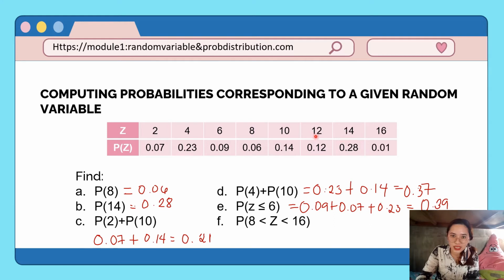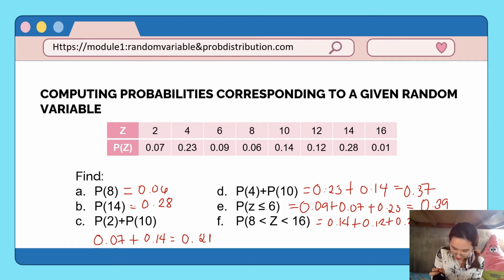Ipag-add-add lang po natin lahat ng kanilang probabilities. That is 0.14 para kay 10, plus 0.12 para kay 12, at 0.28 naman para kay 14. So, pag pinag-add-add natin yan, that is equal to 0.54. Alright, so 0.54.